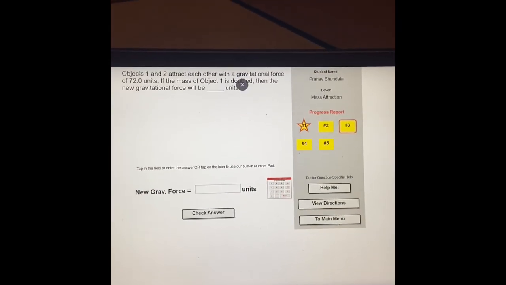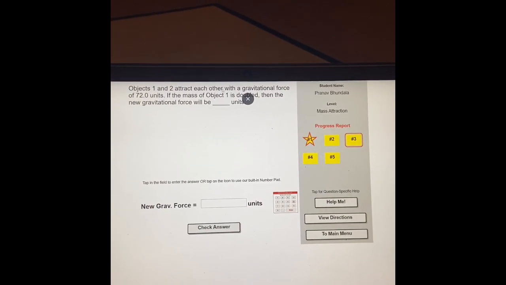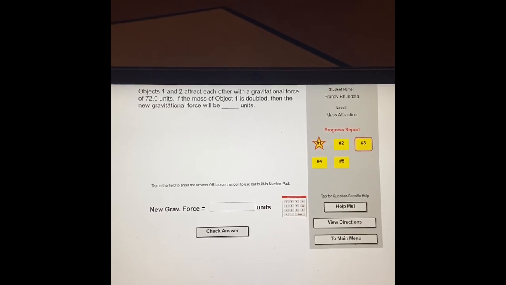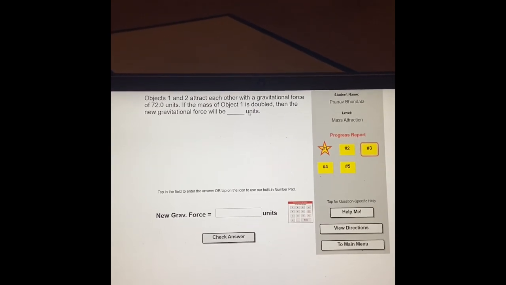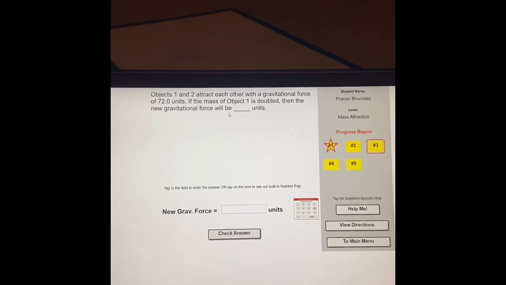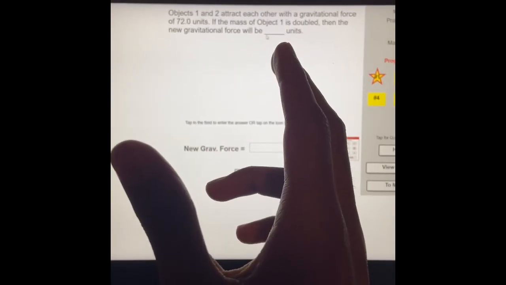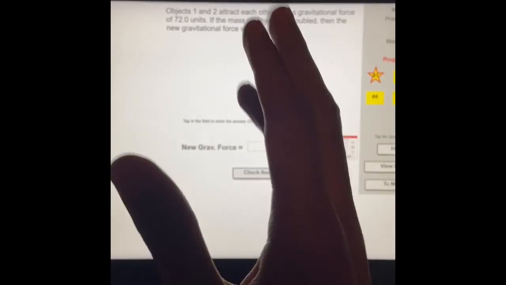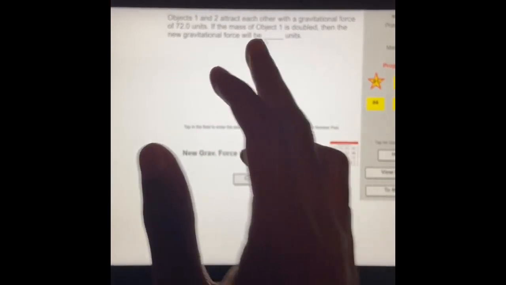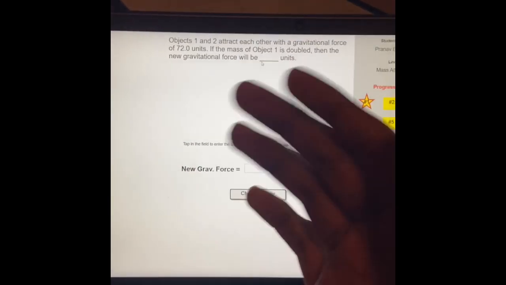Objects 1 and 2 attract each other with a gravitational force of 72. If the mass of object 2 is doubled, then the new gravitational force will be blank units. We have the same value of 72 units. In the last one, the mass being halved means the gravitational force is halved. So this time the mass is doubled, which means the gravitational force is doubled.